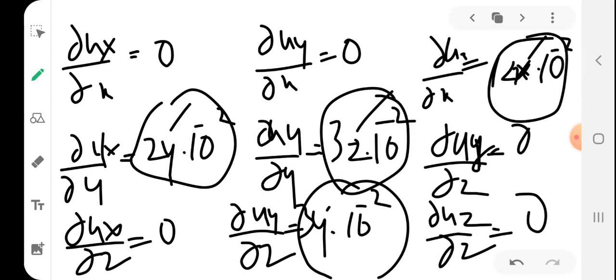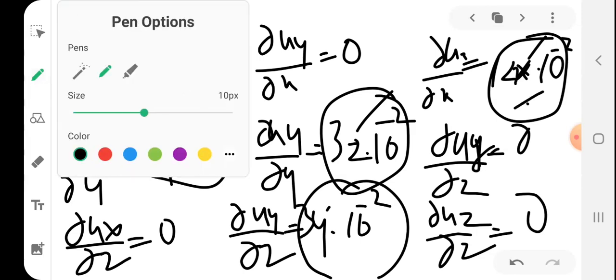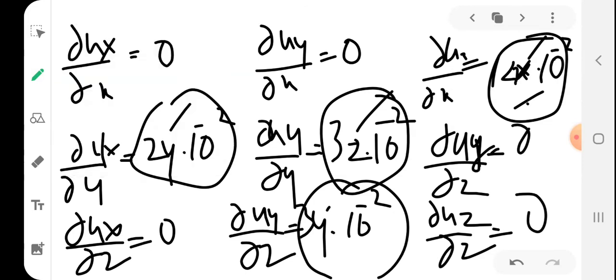Since x equal to 1, 12x into 10 raised to minus 2 gives 12 into 10 raised to minus 2.